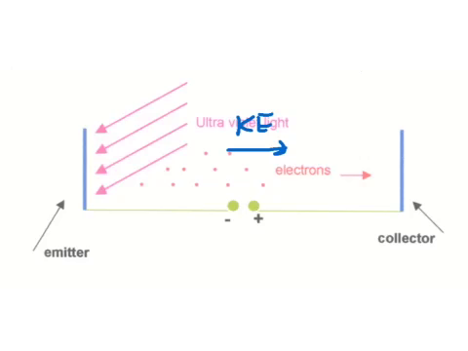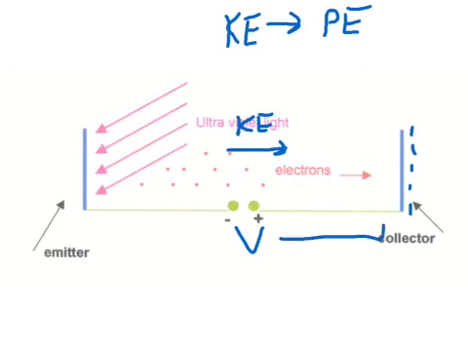If I put a negative charge on my collector plate, just the right negative charge, then these photoelectrons will be repelled by that plate, and I can convert the kinetic energy of my photoelectrons into potential energy at the plate. So we apply a voltage across my collector and my emitter plate, almost like a capacitor, with two oppositely charged plates.